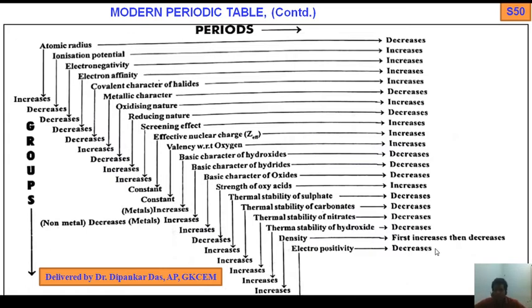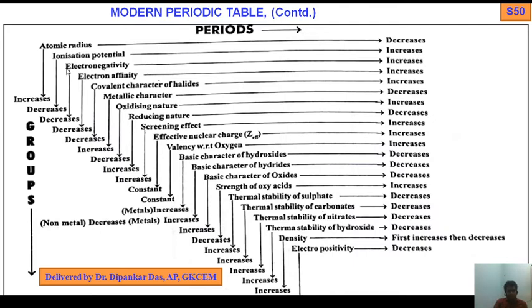Density first increases, then decreases along the period. Density down the group increases. Electropositivity decreases, increases. So this is the trend of several types of properties.